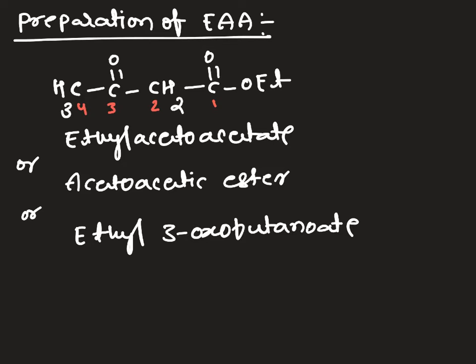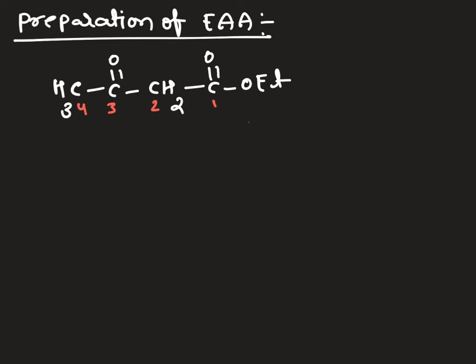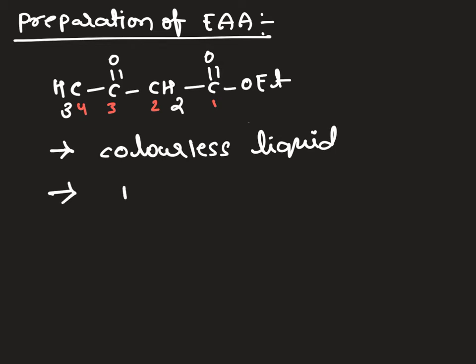If we look at the general physical properties, ethyl acetoacetate is a colorless liquid, which has a boiling point of 181 degrees centigrade, and usually the distillation will take place below 181 degrees.